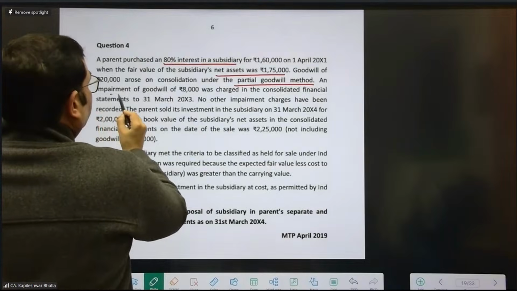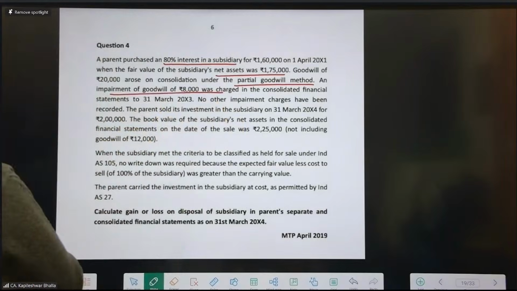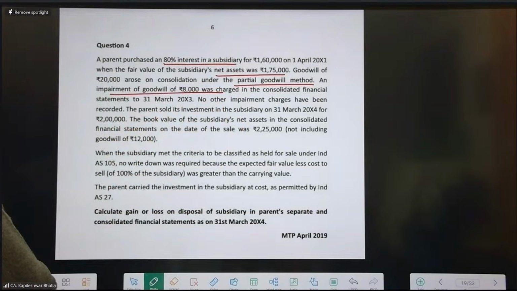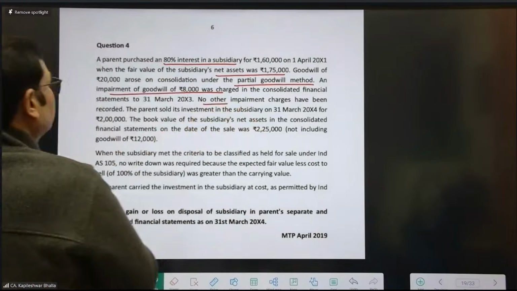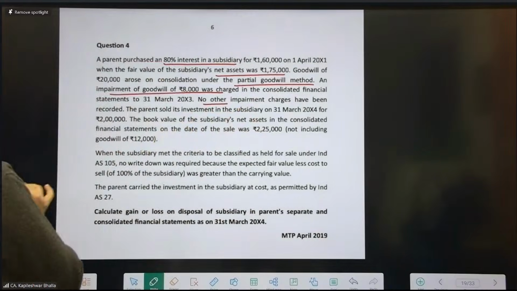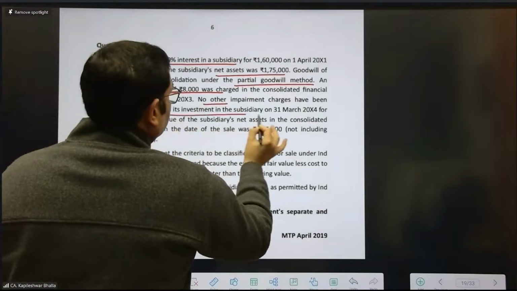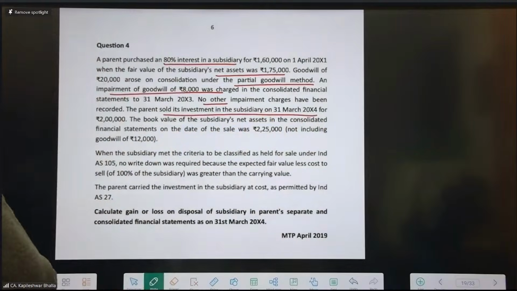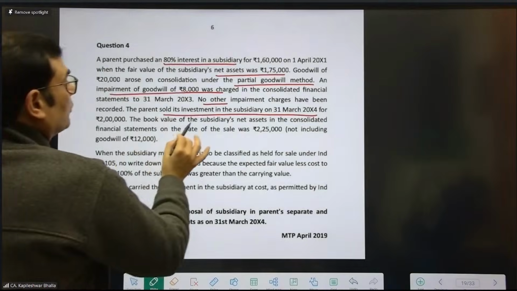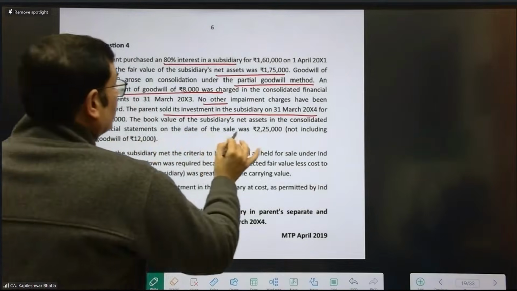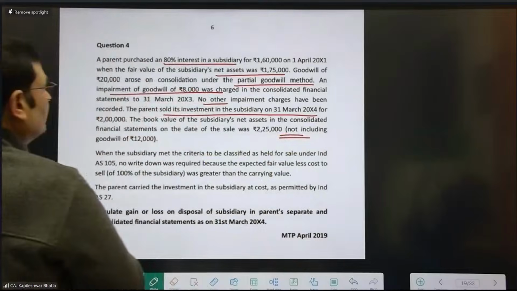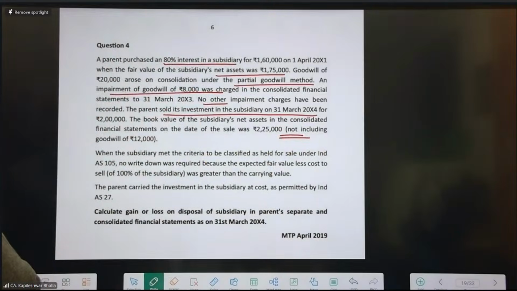Then he says an impairment of goodwill was taken to the consolidated financials in year March X3. No other impairment charges have been recorded. The parent sold its investment in the subsidiary on March X4 for 2 lakh. The book value of the net assets in the consolidated financial statements on the date of sale, not including the goodwill of 12,000, is given.